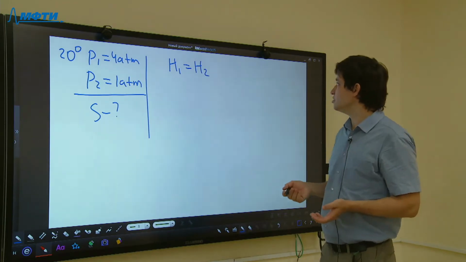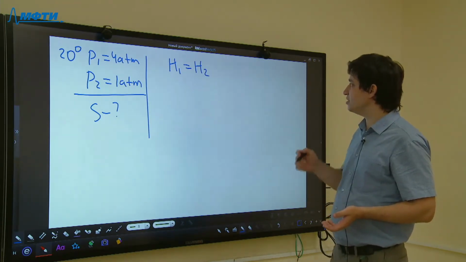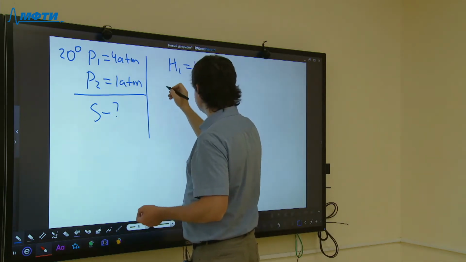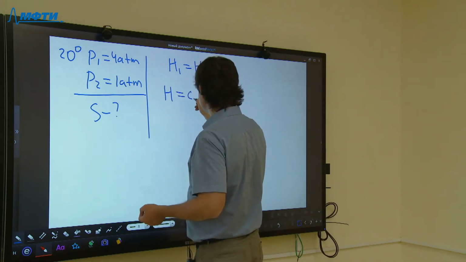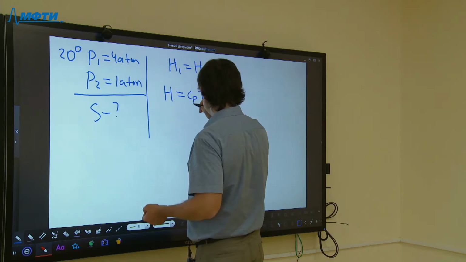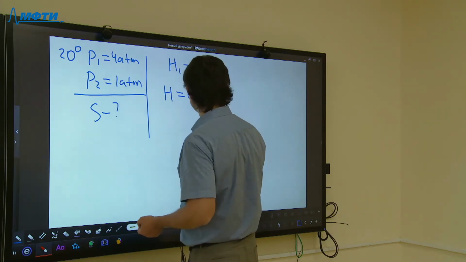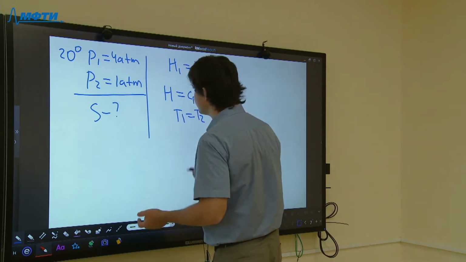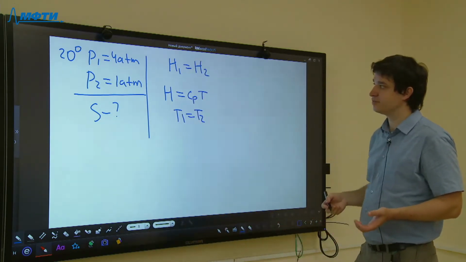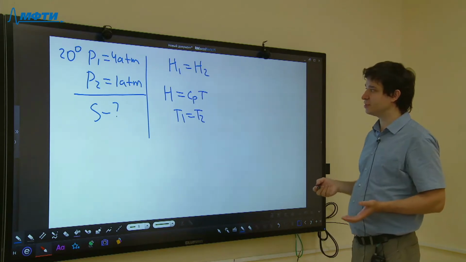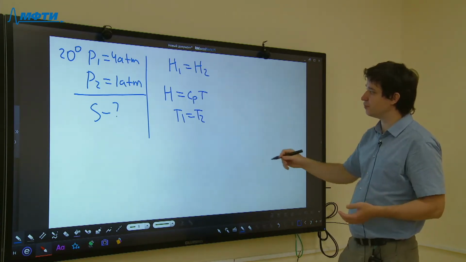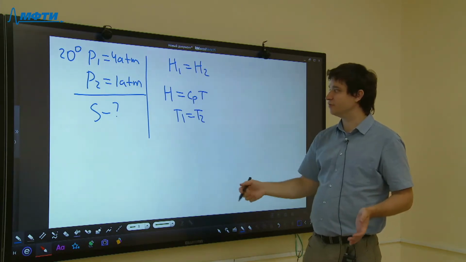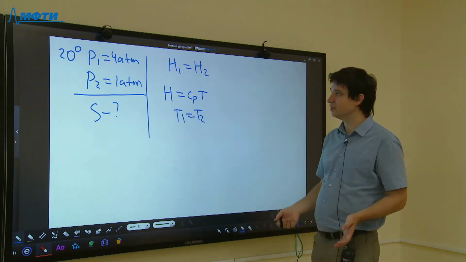Okay, so we have ideal gas. So if I have H1 equals H2, that means that its enthalpy, which for ideal gas is equal to Cp times T for 1 mole of gas, gives T1 equals T2. So I have some sort of isothermal process, in which the temperature in the initial state and the final state is the same.